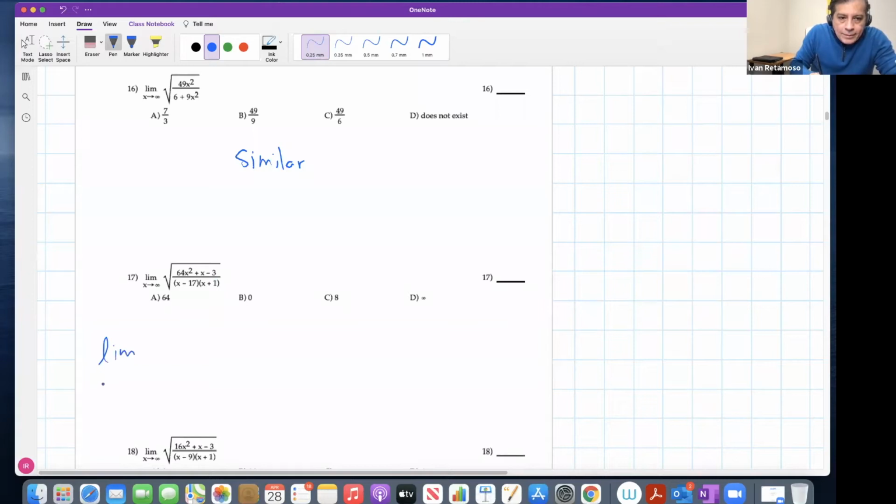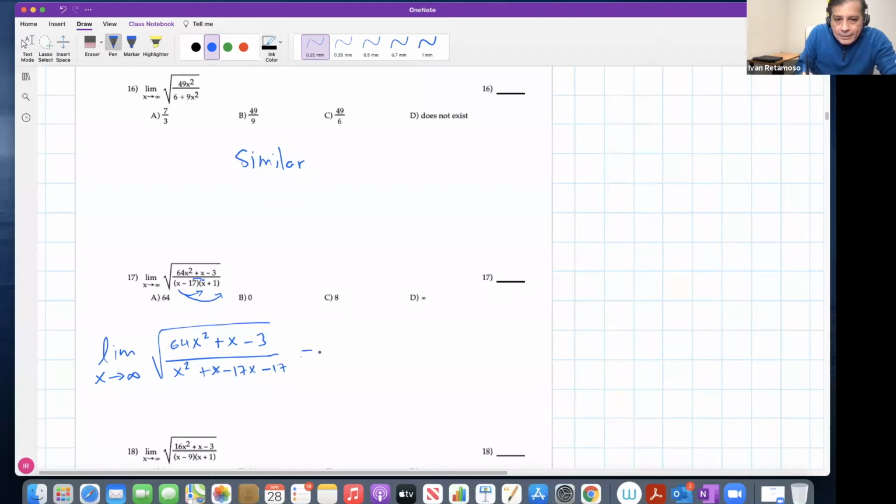I will do it. So limit as x approaches infinity of radical here 64x squared plus x minus 3. Over here, if you FOIL this out, x squared, x times 1x, negative 17 times x minus 17x, and negative 17 times 1 minus 17, right?